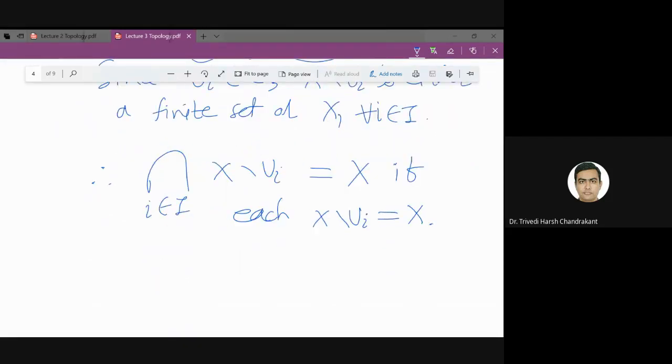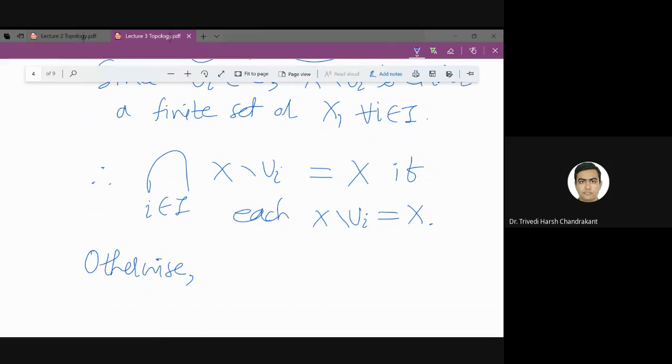So this is our first case. Otherwise, what will happen? First case was that X minus ui is equal to X for every i. So the negation of that sentence is that X minus ui is not equal to X for some i.